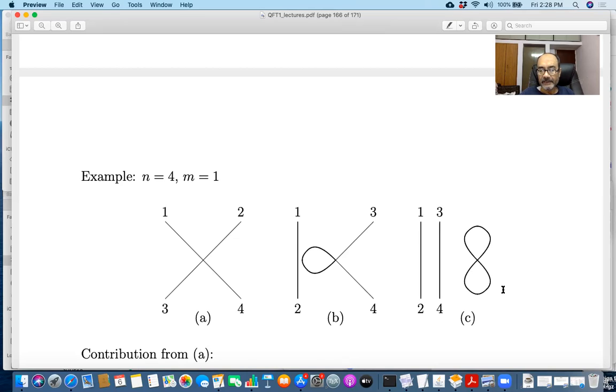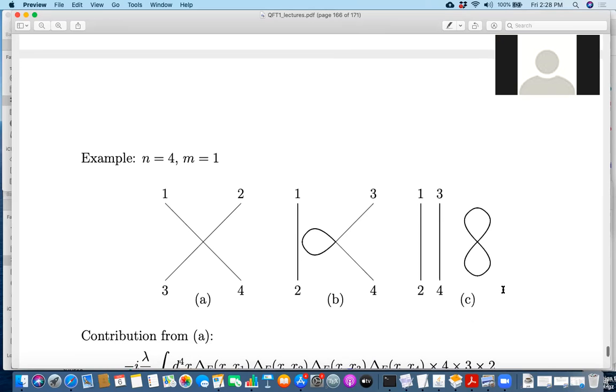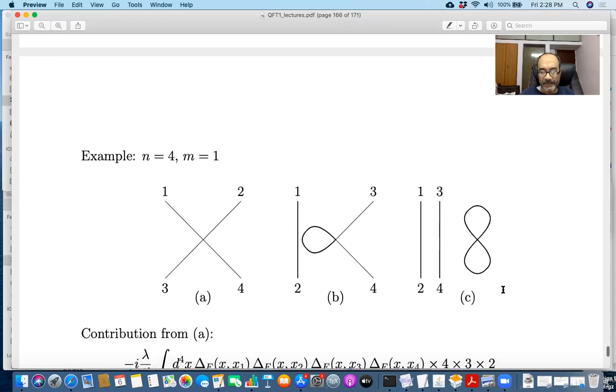Is this clear? Yes. I think it may become even clearer if you work out some examples. Take for example the product of this and this. You can do the calculation in two ways. First, you calculate the combinatoric factor of this, then you calculate the combinatoric factor of this, and then you calculate it as a whole diagram.